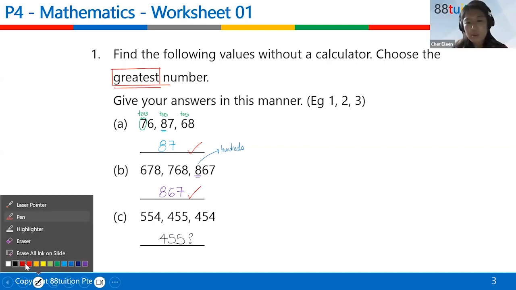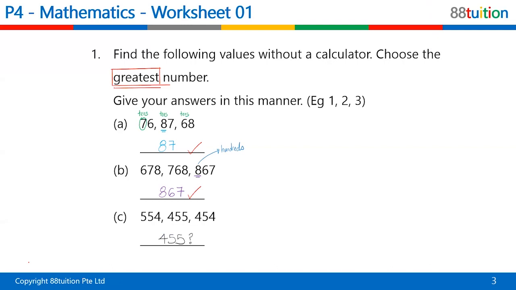Are you sure 455 is the biggest? Oh, okay. I want the biggest. You want to try again? Lucas? Okay, never mind. We go through this question together, okay?